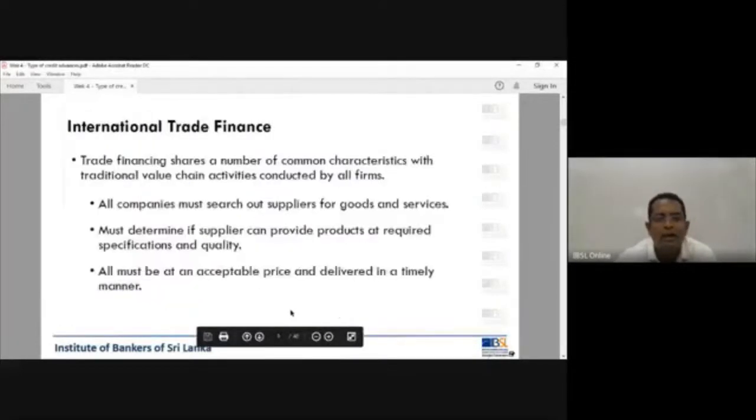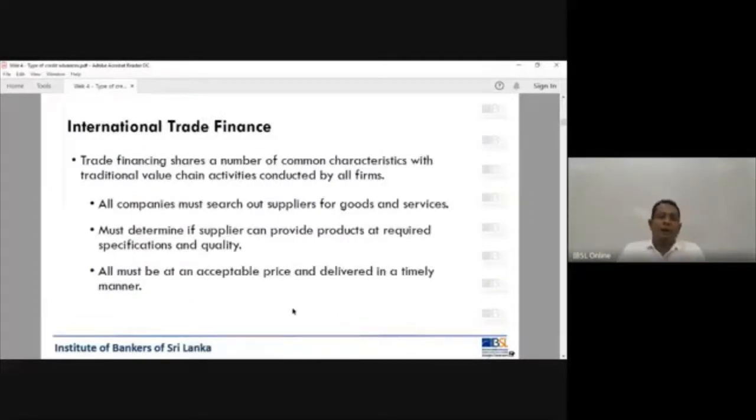And under trade finance, whether it is local or international, we have a few things to sort out. First thing is we need to find a supplier, whether in the international market or the local market.